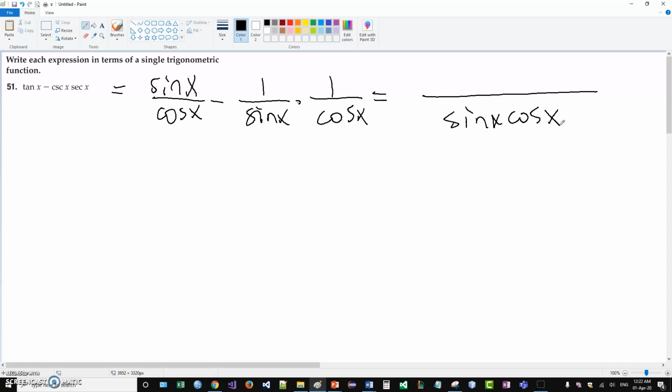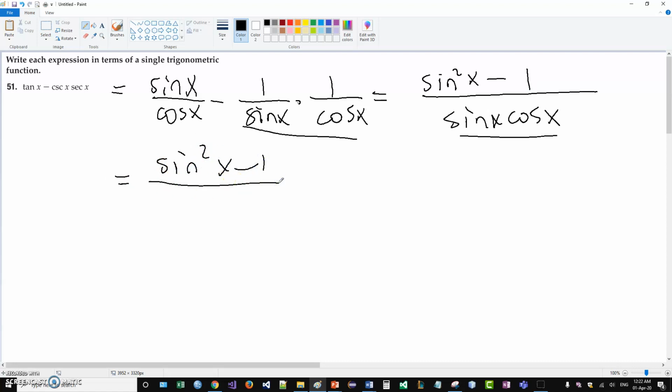That will give us sine x times sine x, so sine square x minus this divided by this is 1 minus 1. Alright, so now we have sine square x minus 1 over sine x cosine x.